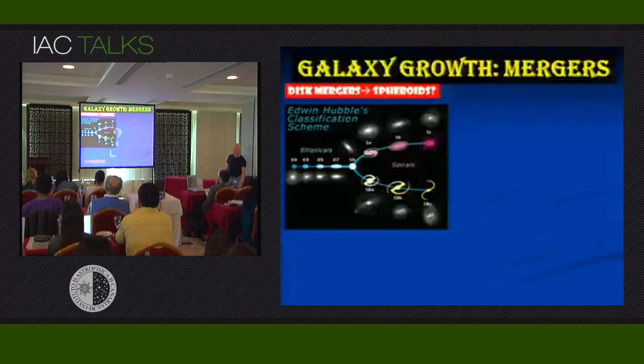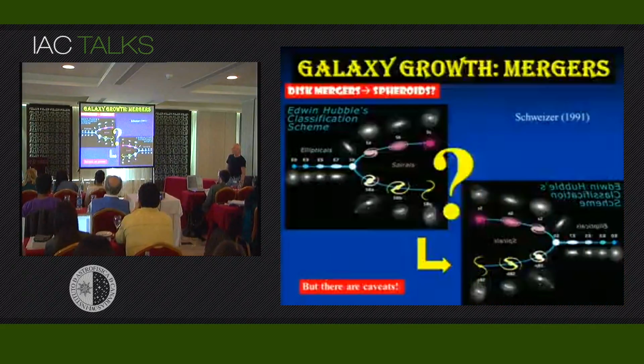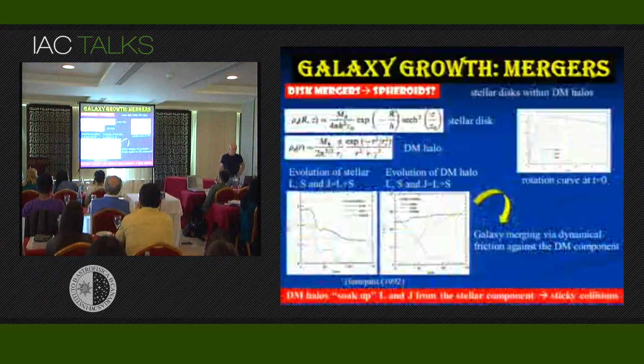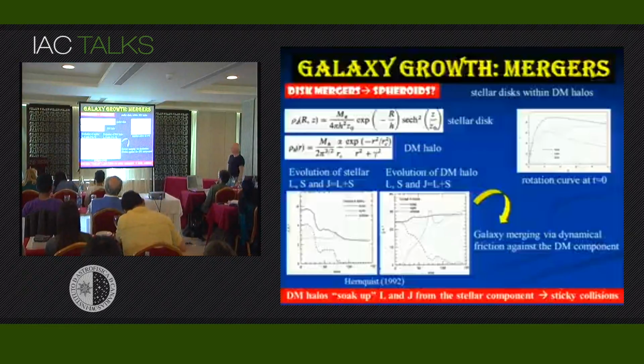But I would like to emphasize something that was done for the first time maybe 20 years ago by Francois Schweizer and really got my attention. This is the Hubble diagram, right? Does it tell us something? Okay, but there are caveats, as I wrote.